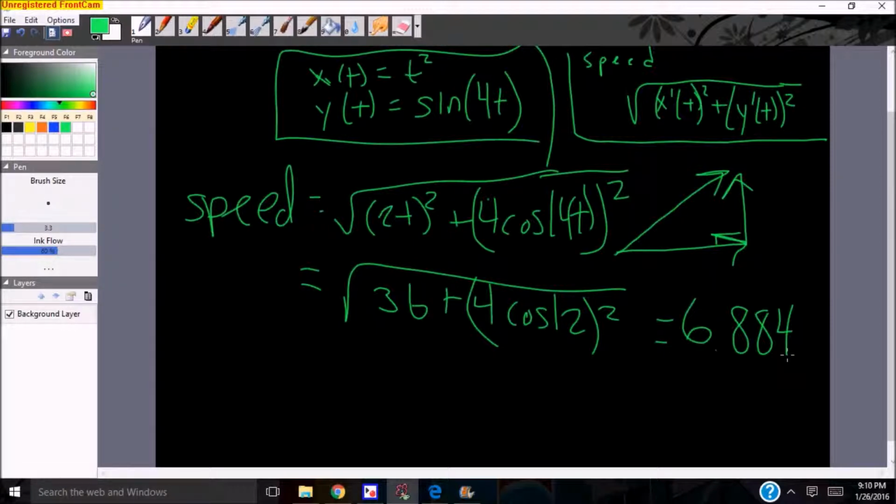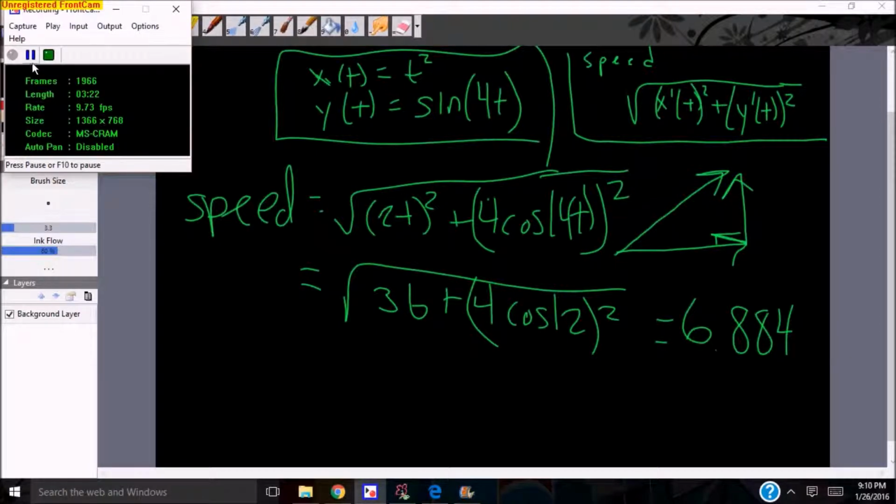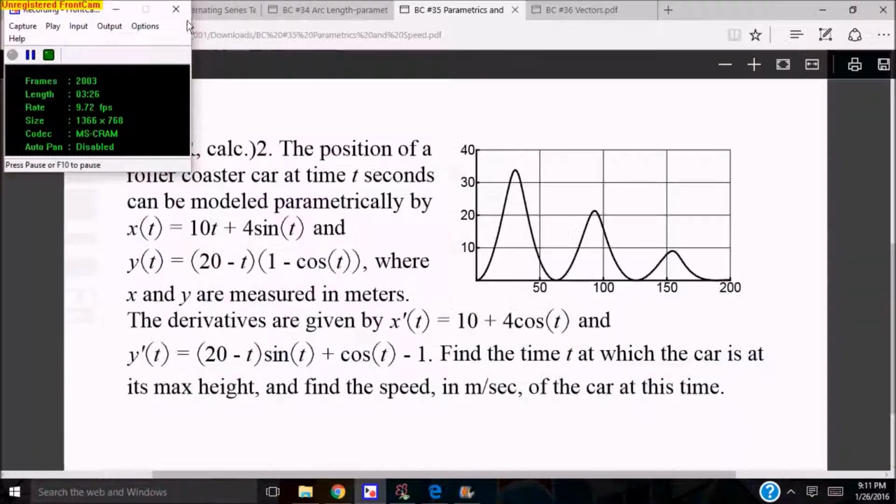The only difference is arc length had that integral in the front going from a to b, so we actually had to integrate our result. But in terms of speed, we are often just going to have a time value at which we want to find the speed. Okay, so let's see what other kinds of problems we can do in terms of this.